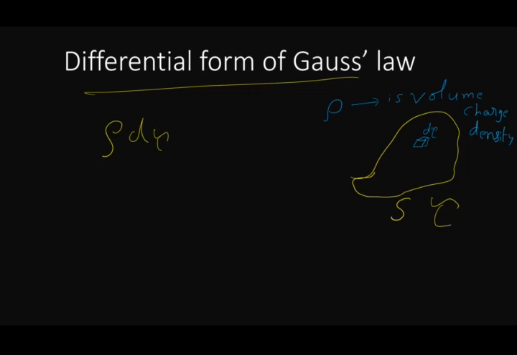Now if you want to calculate the total charge inside this volume or inside that surface, then I have to do the volume integration. Therefore, this is the total charge contained inside the surface.